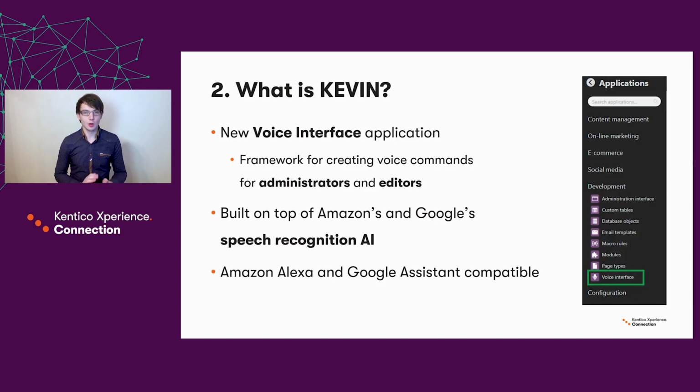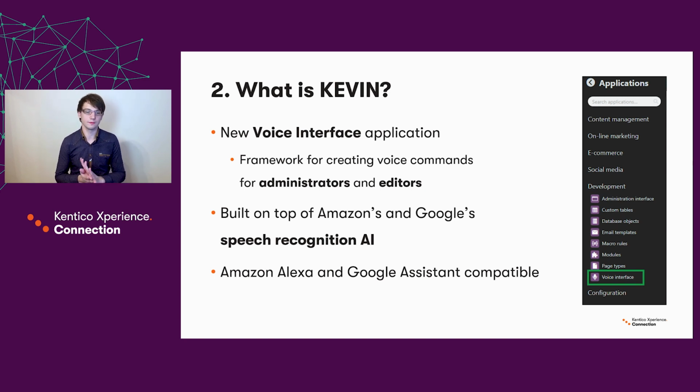So, what is Kevin? I can describe Kevin as a framework for creating voice commands in Kentico Experience. It was created for voice commands for administrators or editors, which means that you can manage the administration interface, manage objects, and retrieve data that should be visible to administrators.